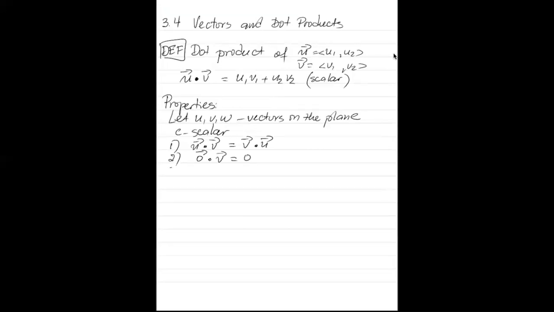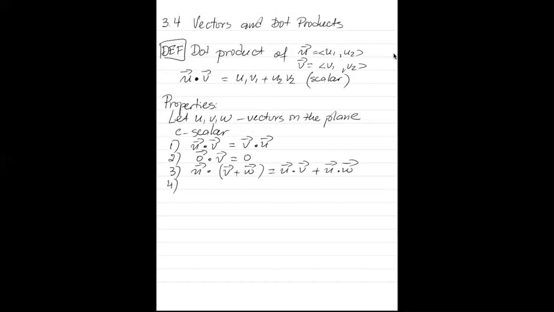Number three, if I have a dot product of u with v plus w, that is the dot product of u and v plus the dot product of u and w.